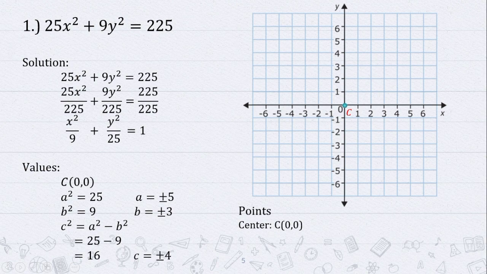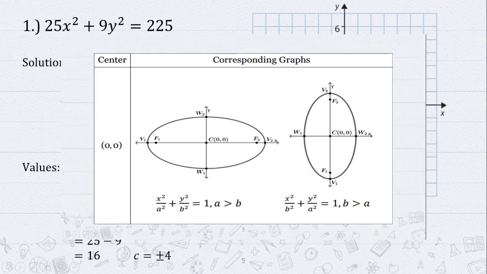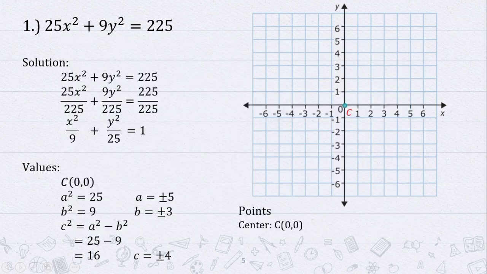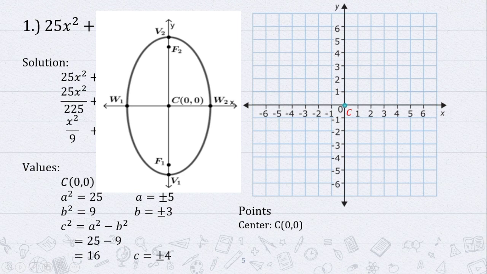As you can see, the second term has a bigger denominator compared to the denominator of the first term. Therefore, this ellipse has a vertical major axis, since our a squared is in the second term. So we have to plot our vertices and our foci vertically.